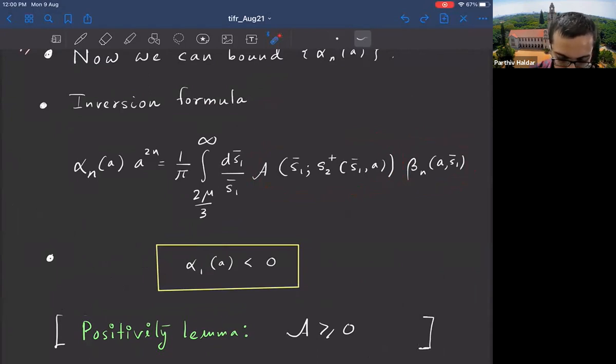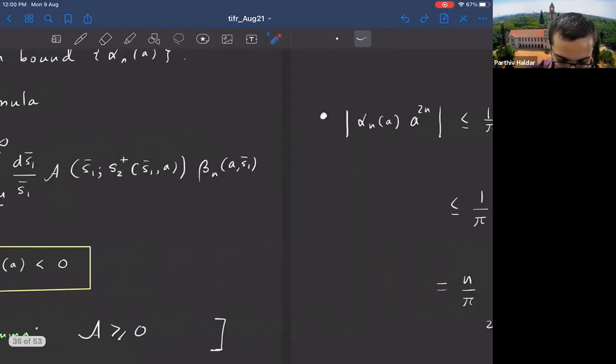Because this is non-negative and this is negative, alpha one will have a definite sign, which is negative, and this gives one bound on Wilson coefficients. But most importantly, it is not equal to 0.